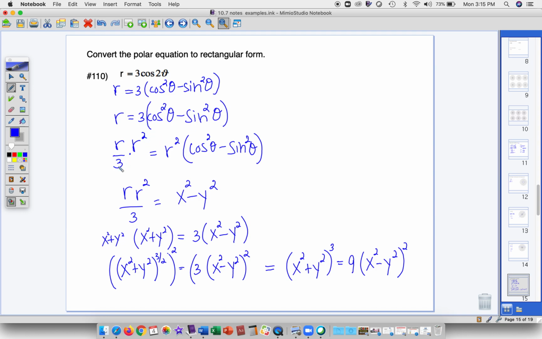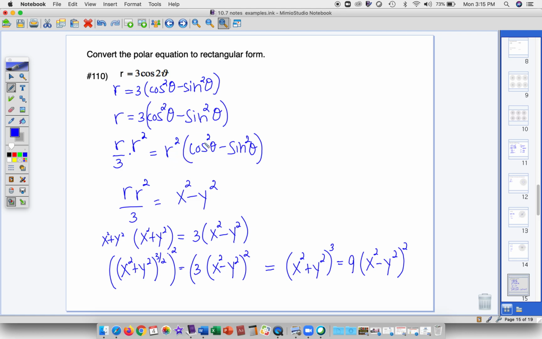Then I divided by the 3, and then I multiplied both sides by r squared. The reason I did that is because I already had the squared cosine and sine, so in order to do a substitution, I needed the r squared.